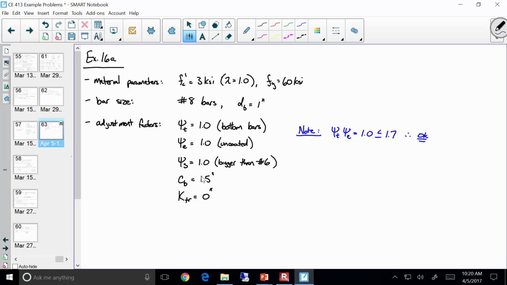Now, while I'm at it, let me also make another check. c sub b plus K sub tr over the bar diameter is, what is that? What's that equal? 1.5? Is that good? Why?